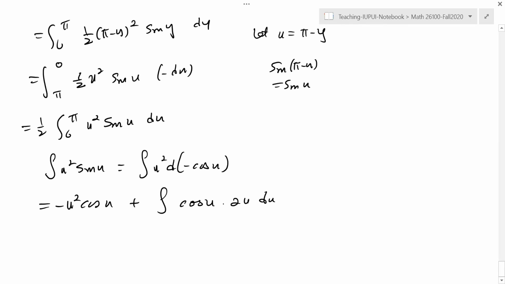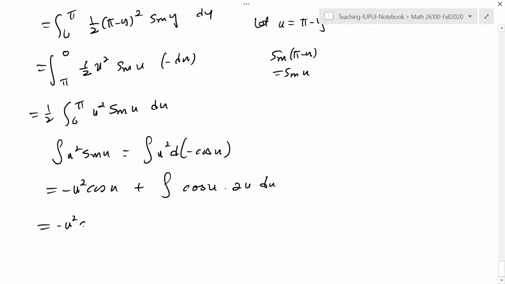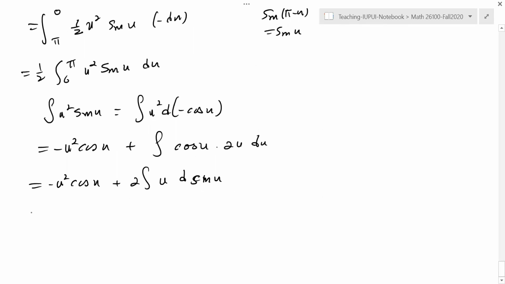Then again, I have to do it like this, u d sine u. Then you see, we have to apply integration by parts twice. Then I differentiate that, sine u du.